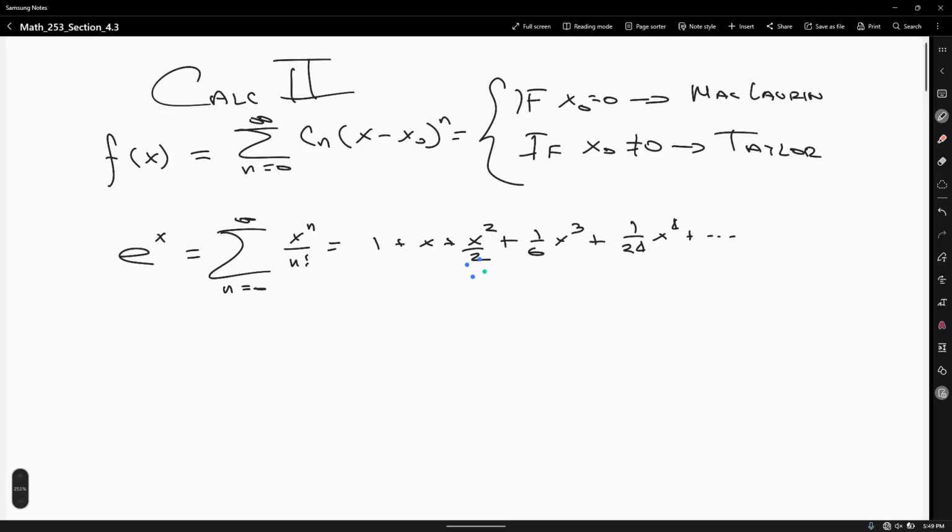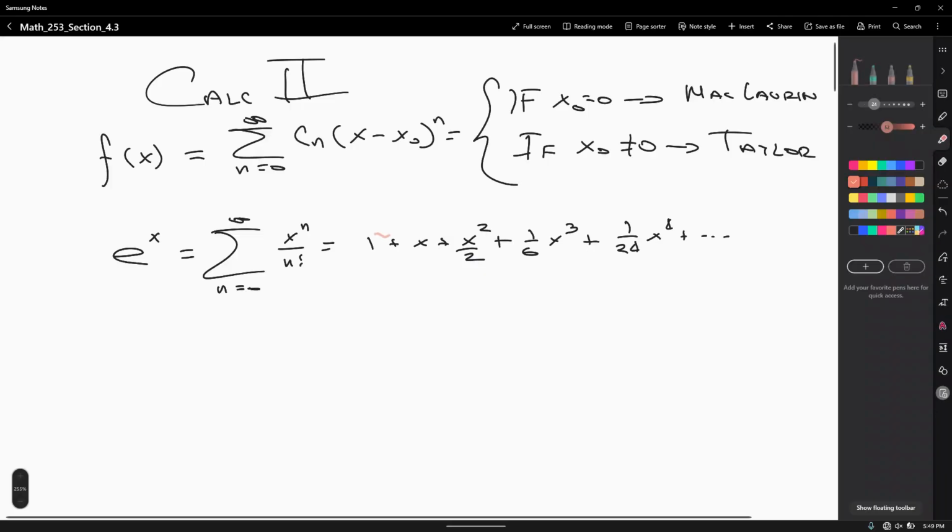One of the applications, going way back to calculus 1: the first two terms right here, if you want to call it P sub 1 of x, which is 1 plus x. That's the first degree polynomial to approximate the value of the function.